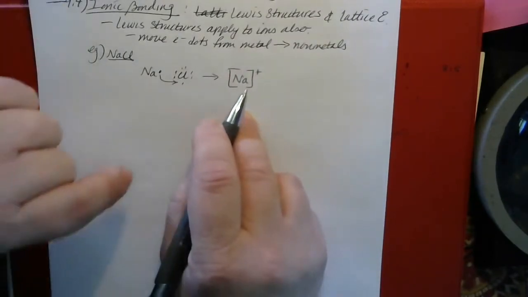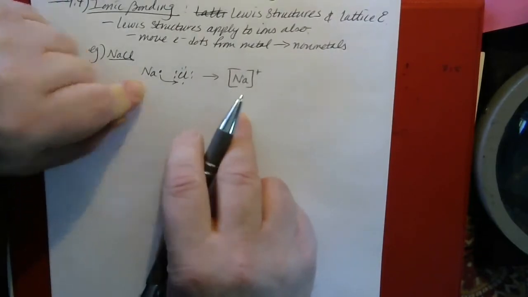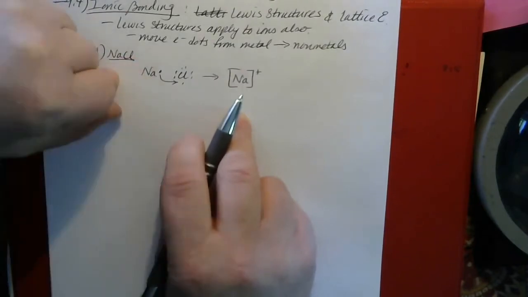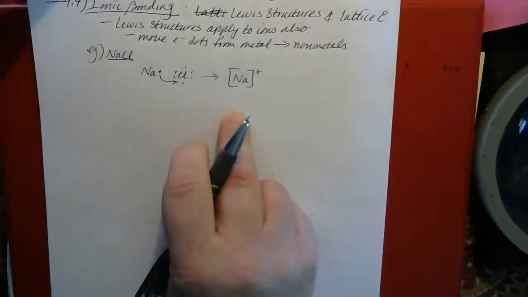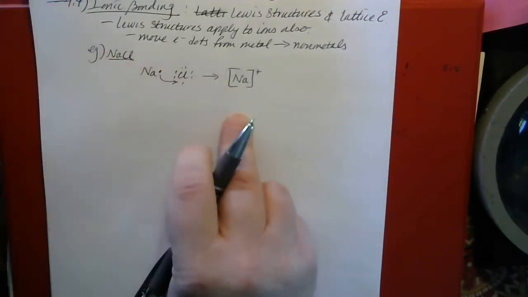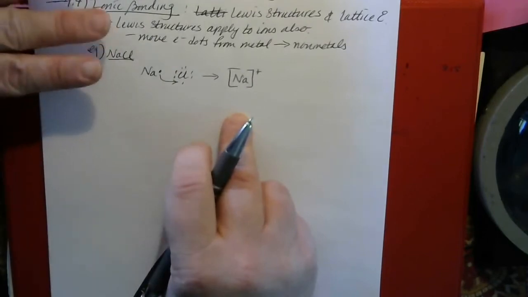Now, when sodium loses its one valence electron, it now has an octet, but that octet is in the shell that's one less than the valence shell. So when we're dealing with Lewis structures, we always stick with the original valence shell.